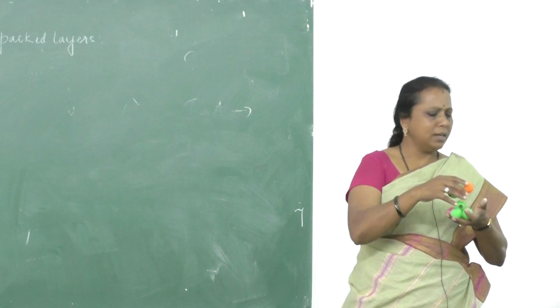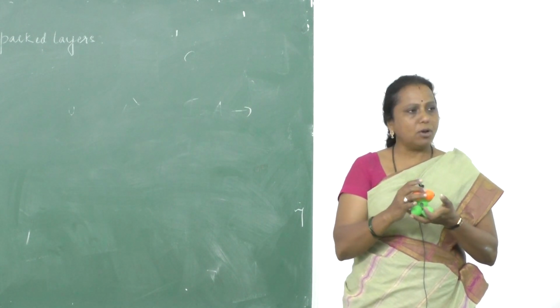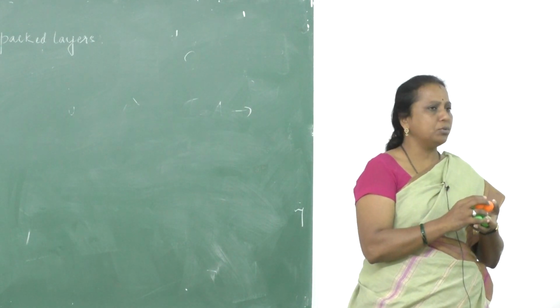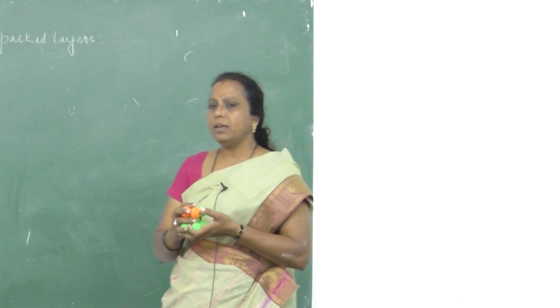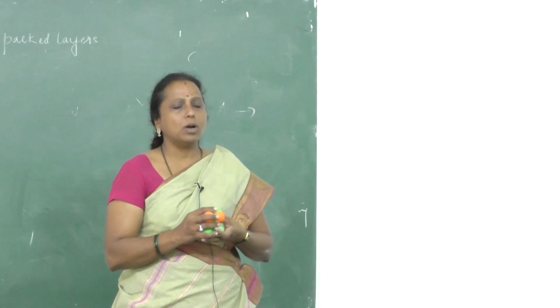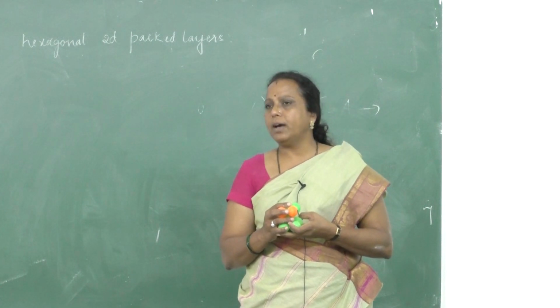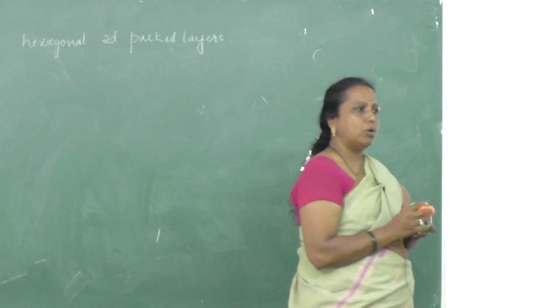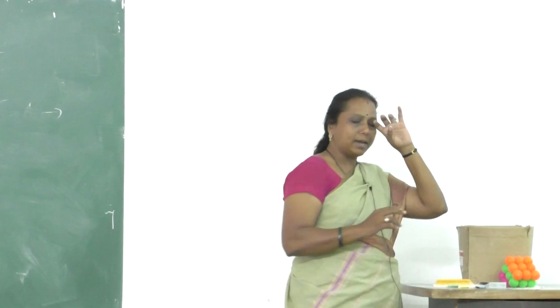Hope it is clear. This is not mentioned in the textbook, so please remember. ABAB packing from square 2D packed layers gives us body centered lattice.